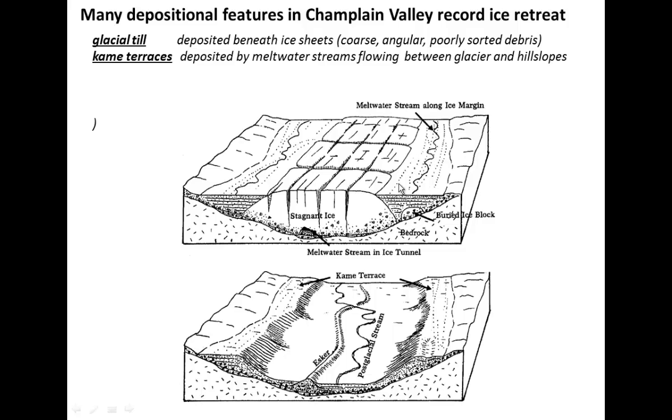These rivers are carrying a lot of sediment, and they tend to fill in this little pocket between the ice and the valley wall. Then, when the ice finally melts, a lot of that sediment is still there, and that's called a kame terrace. So we'll see a lot of kame terraces flanking the edges of the Champlain Valley.